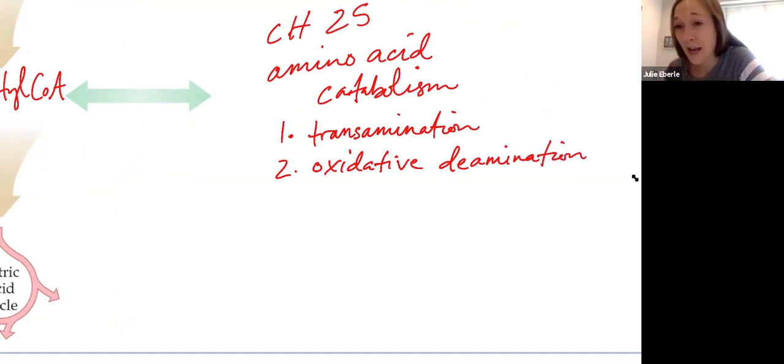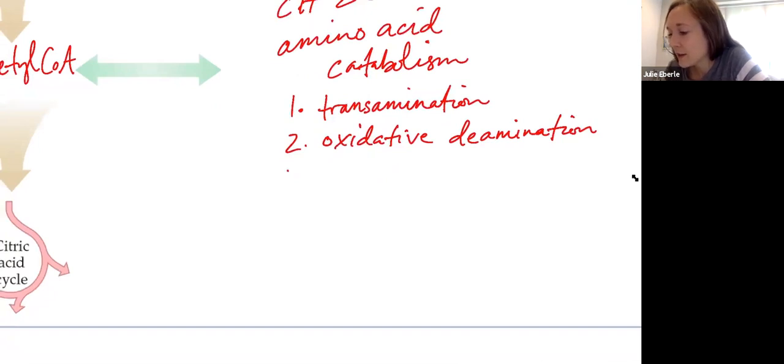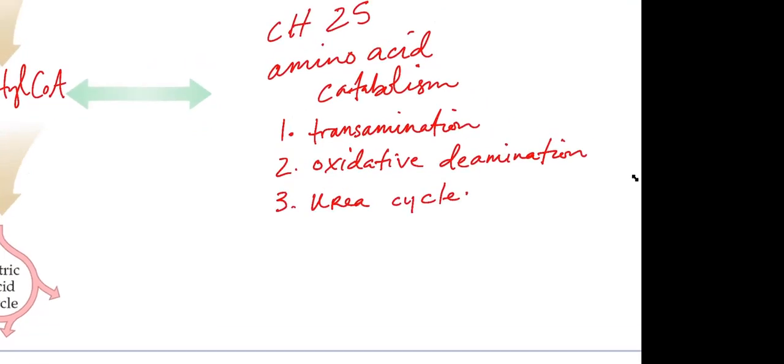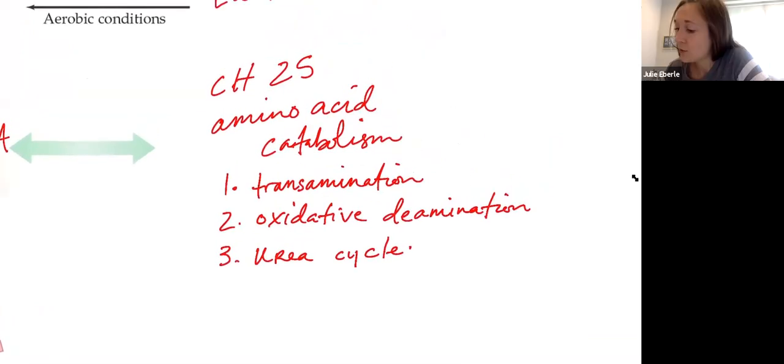It feels a little repetitive from transamination. It's like the opposite though, where we end up with glutamate, and then we run it to the urea cycle. Do all amino acids go to the urea cycle, or do they branch off and do other things? No. Once we go to oxidative deamination, yes, they go to the urea cycle.